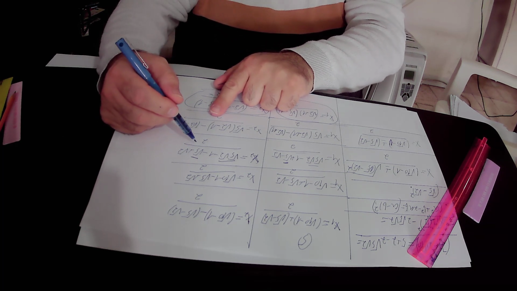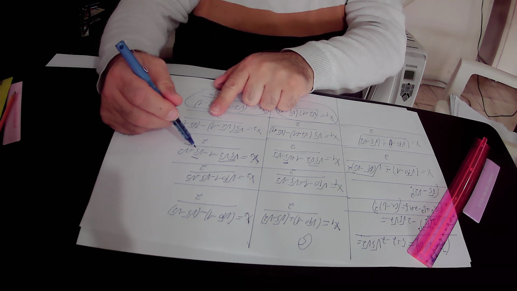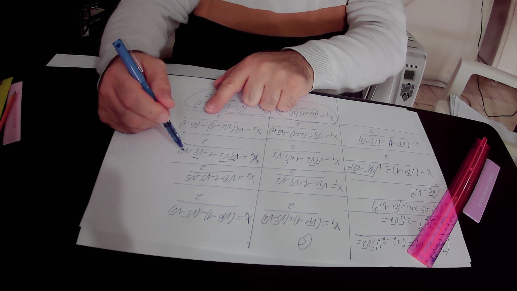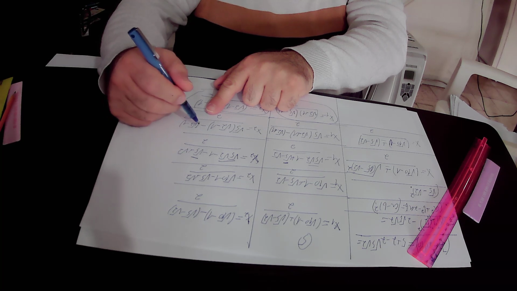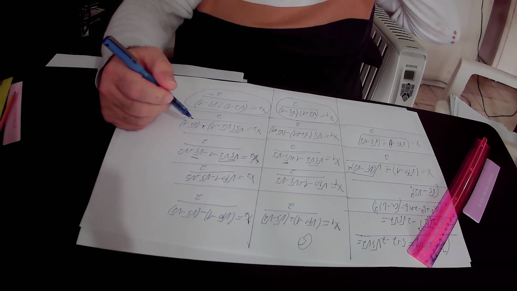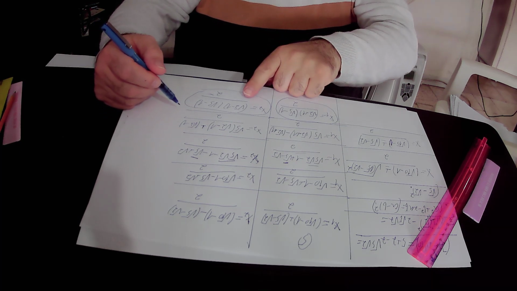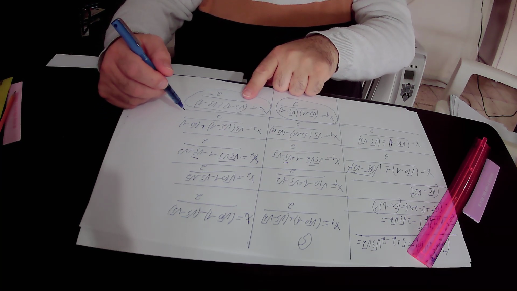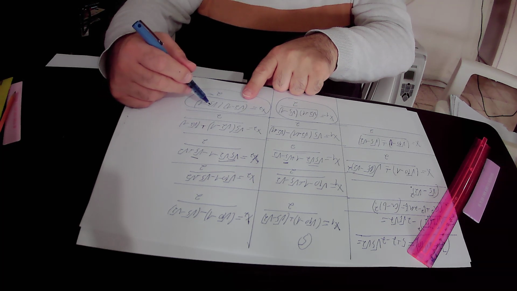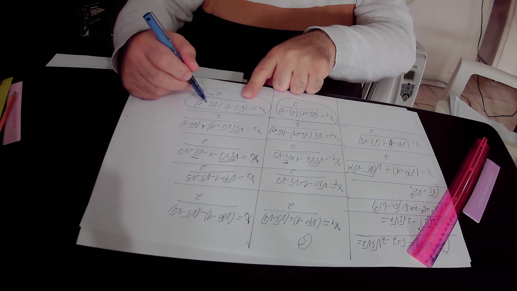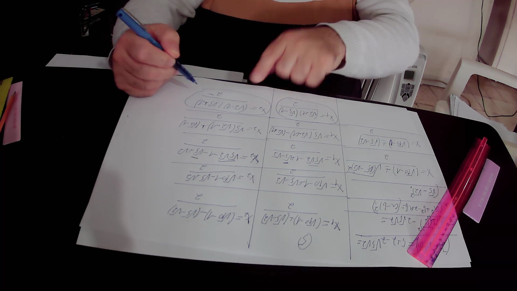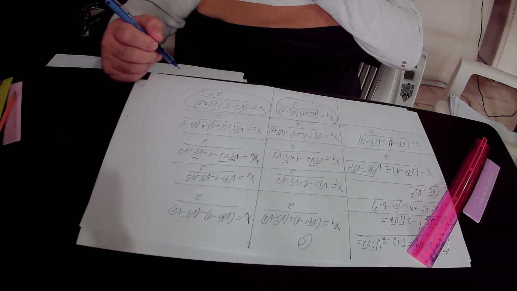So this is actually square root of 2 minus 1 plus square root of 2 minus 1. Then we took square root of 2 minus 1 as a common factor, and here we will have square root of 5, so it is actually square root of 5 plus 1.